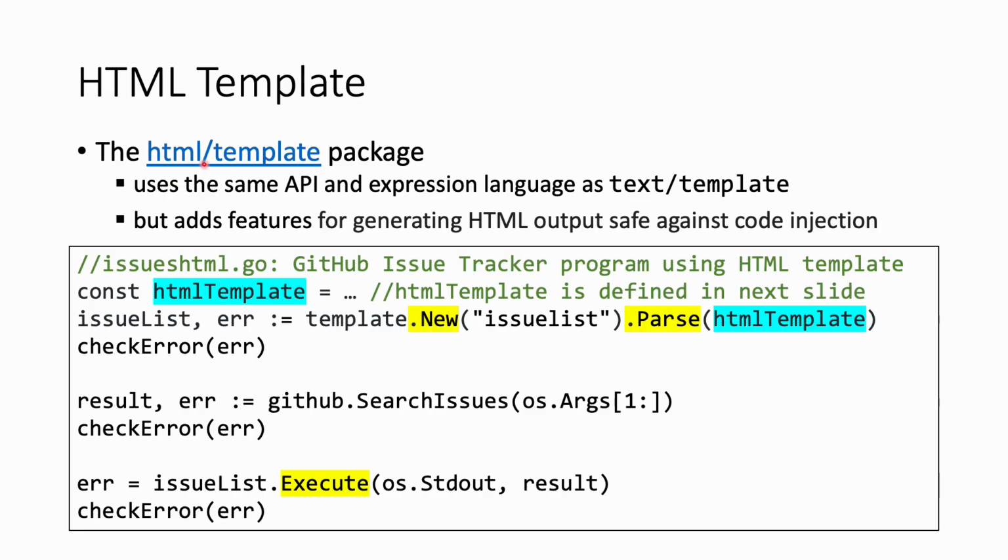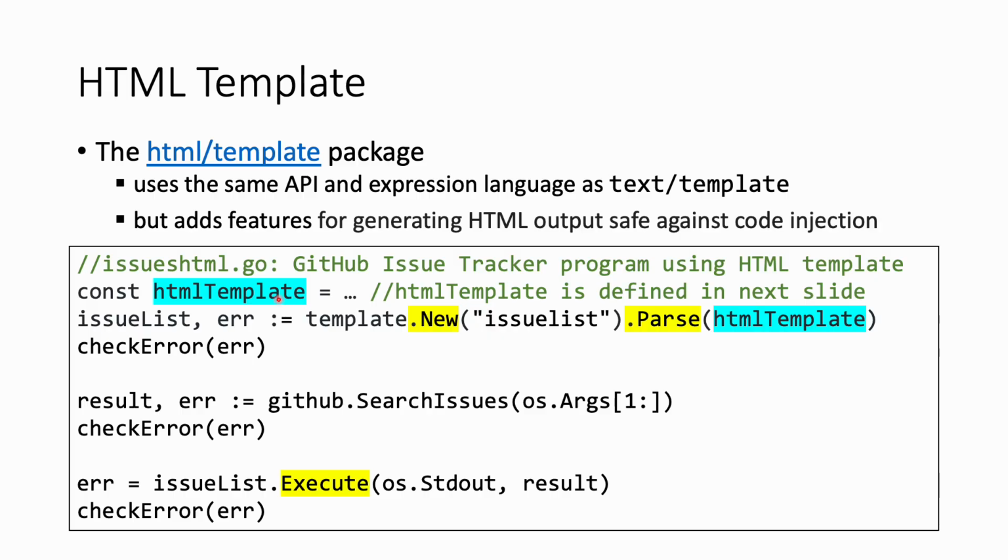The HTML/template package wraps the text/template package so you can share its template API and expression language to parse and execute HTML templates. But it adds features for generating HTML output that is safe against code injection attacks.